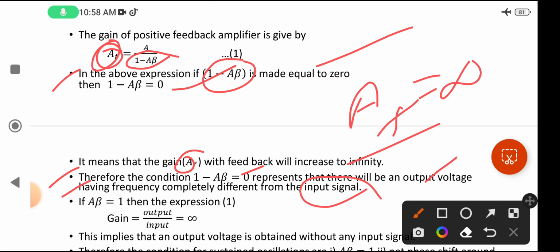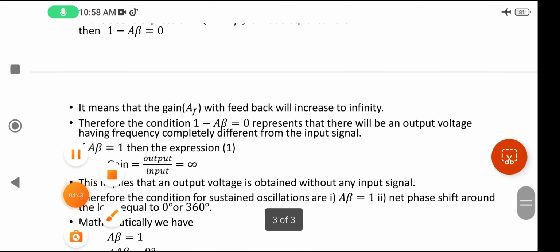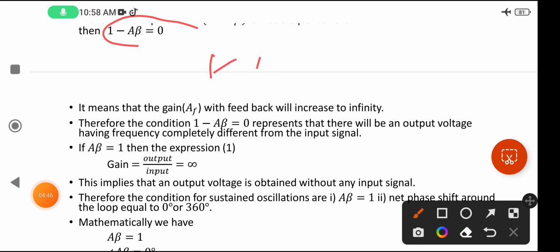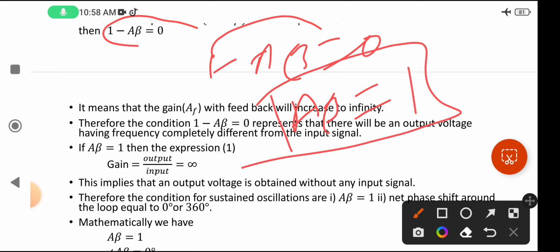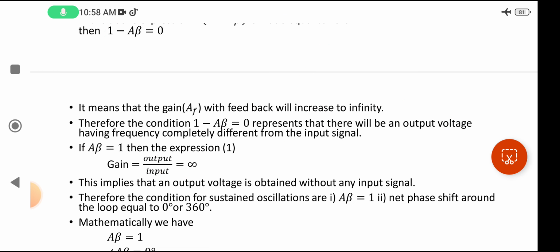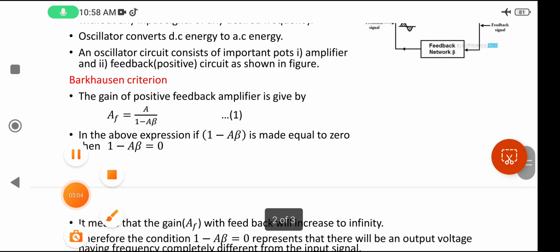We can also write this as 1 - Aβ = 0, which means Aβ = 1. Why is it infinity?